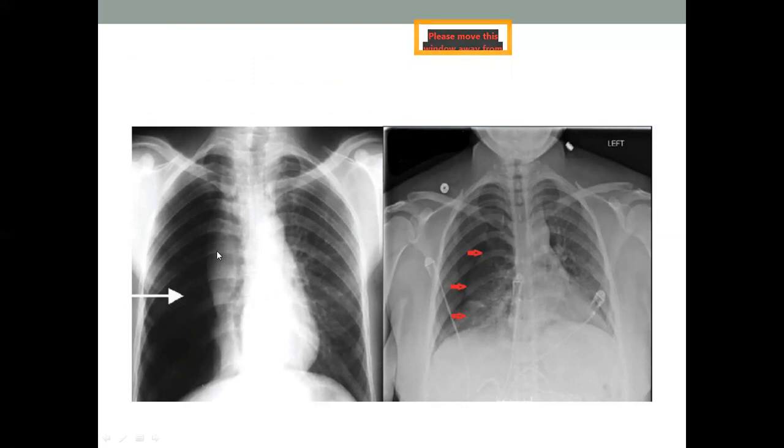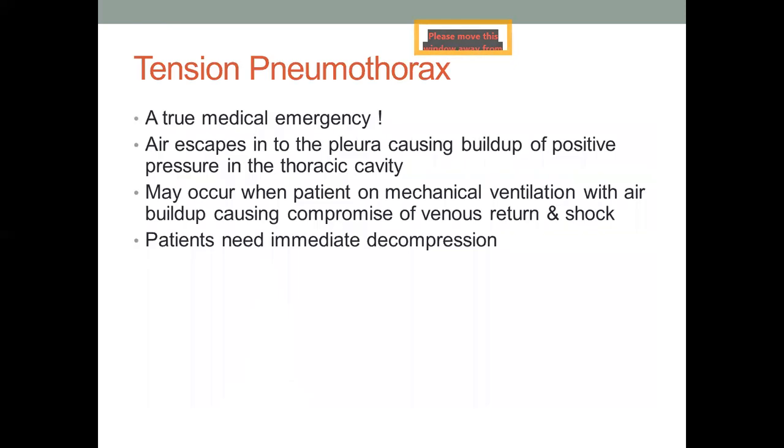So this is the lung, and on this side there are lung markings. Here again, on the right side, this is the lung border, this is the collapsed lung, and these are the hyperlucencies in all upper, middle, and lower zones with absent lung markings, suggestive of right side pneumothorax.